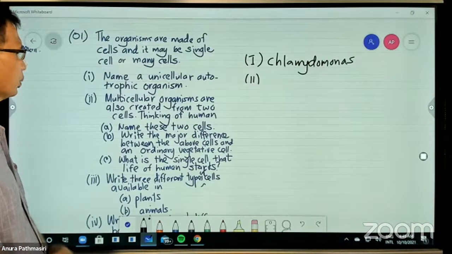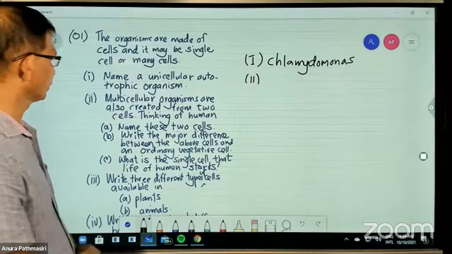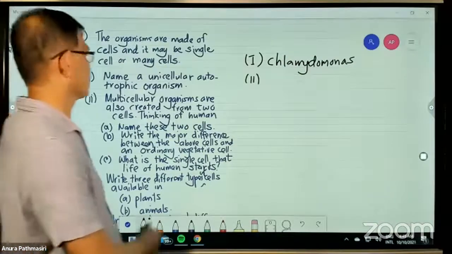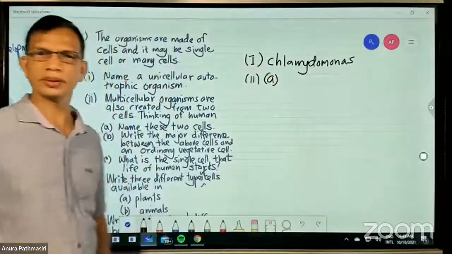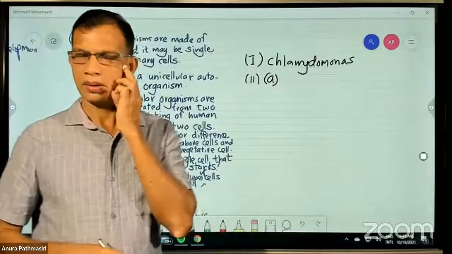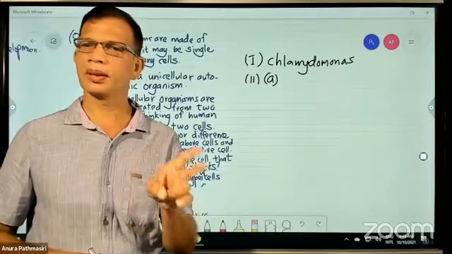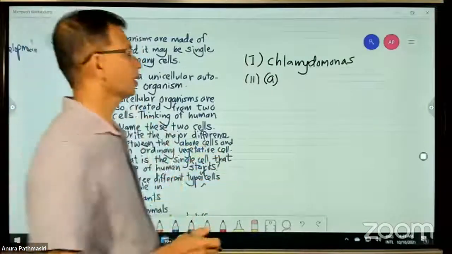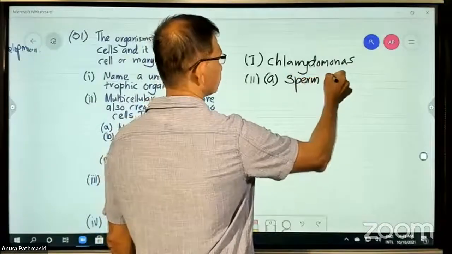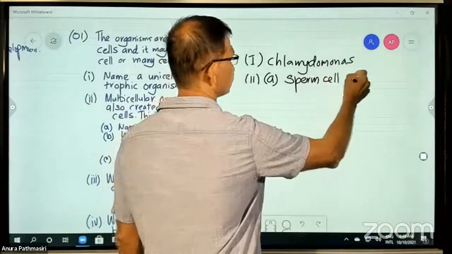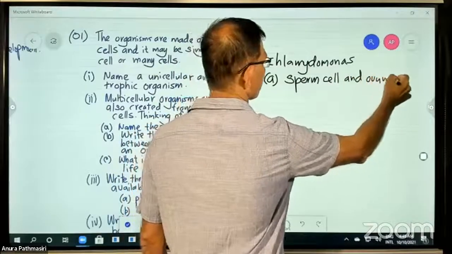Multicellular organisms are also created from two cells. Thinking of human, name these two cells. What are the two cells? Sperm cell and ovum cell. Yeah, a sperm cell and ovum cell.